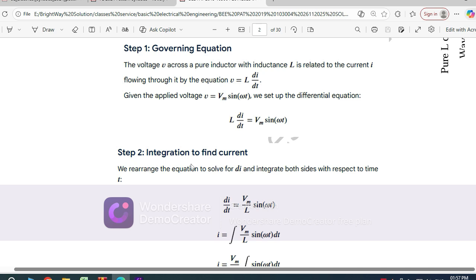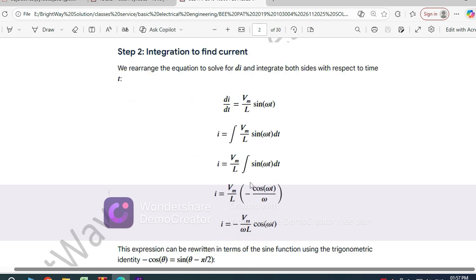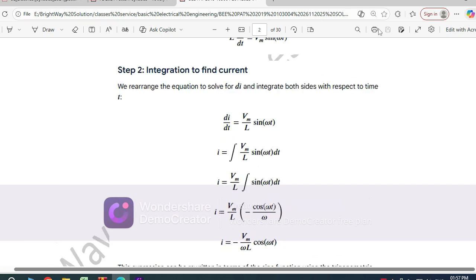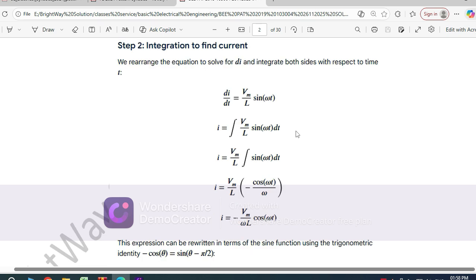By taking the integration we can calculate the current value. So di by dt equals Vm upon L sin omega t, and i is equal to the integration of Vm upon L sin omega t dt. Vm upon L is a constant, so we take it outside the integration.